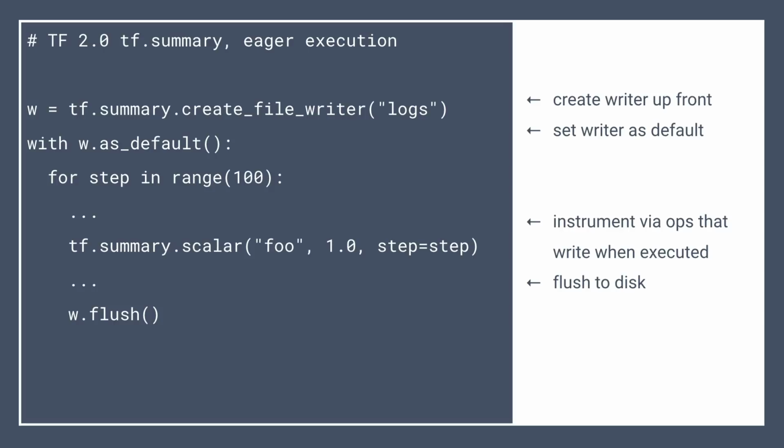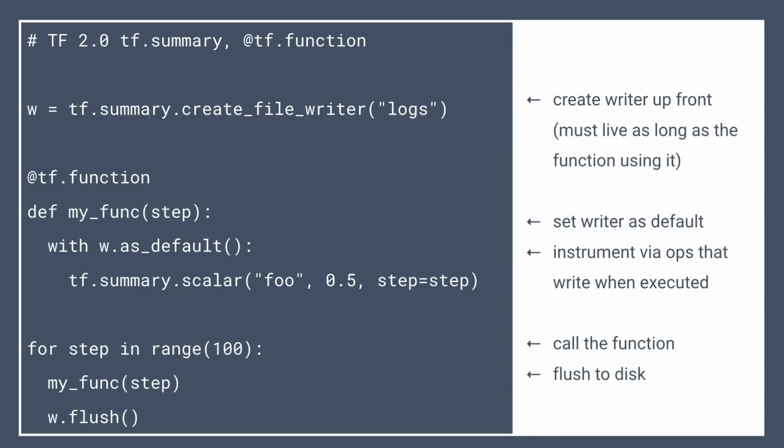And I should say that the ops write when executed in theory, but there's actually some buffering in the writer. So usually you want to make sure to flush the writer to ensure the data is actually written to disk. And this example shows an explicit flush. In eager, it will do flushing for you when you exit the as default context, but if you care about making sure, for example, after every iteration of the loop that you have data persisted to disk, it's good to flush the writer.